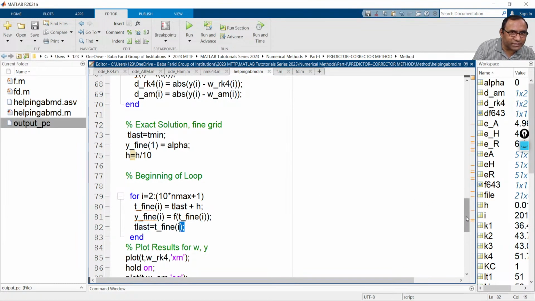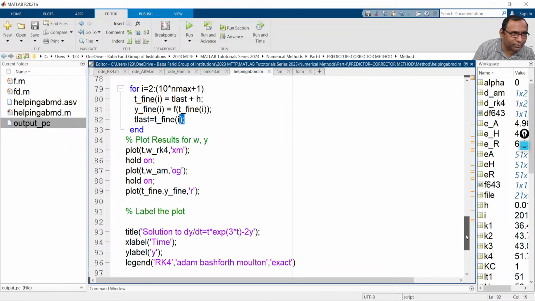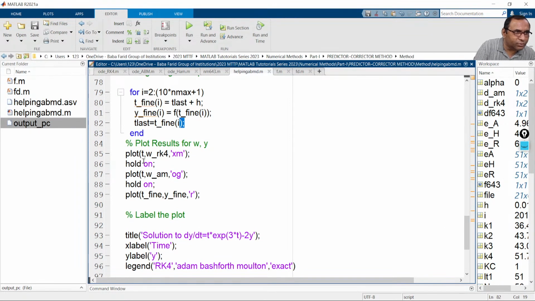So after that, we want to plot. So here is the plot of the results for w and y. This is the plot for w, t, w, Rankata fourth order, and this is the plot for w underscore Adam Bashforth.